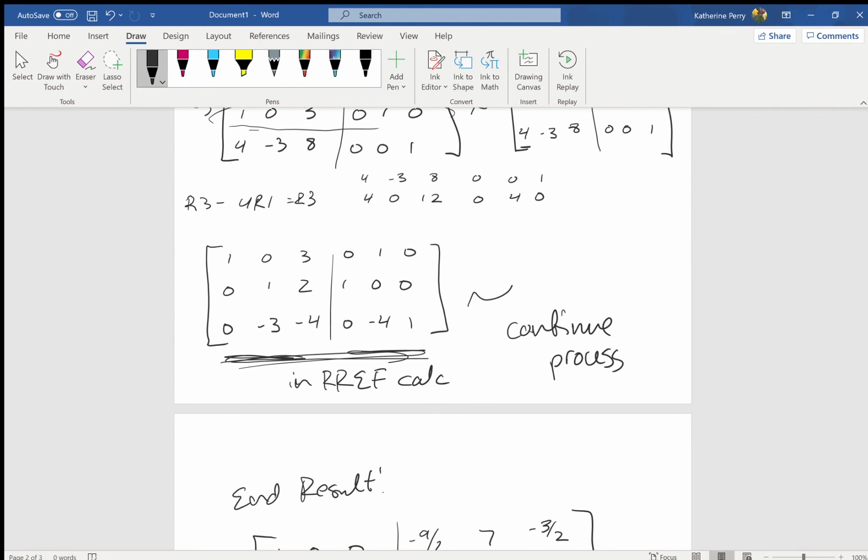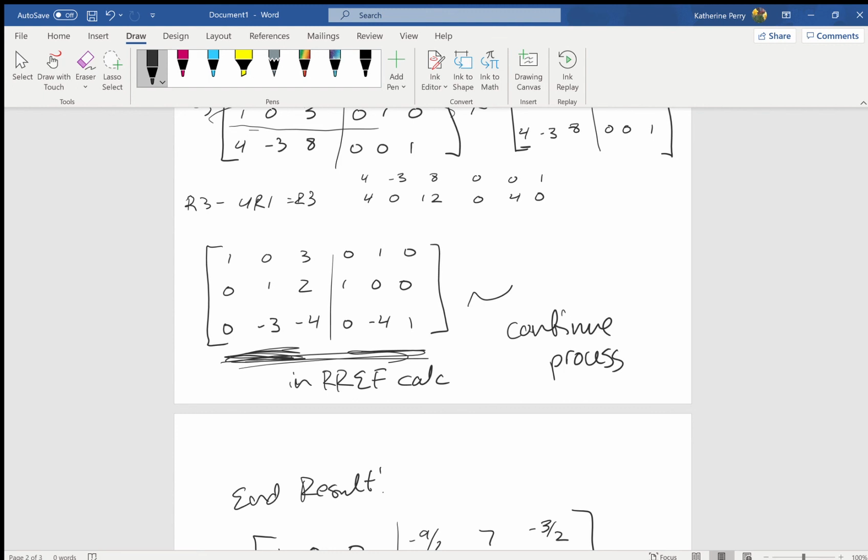And if it row reduces with the identity on the left, then what follows on the right will be A inverse. And the reason for that is the operations, when putting something in reduced row echelon form, are still the same. So I'm doing interchanges, I'm multiplying by scalars, I'm adding and subtracting rows.